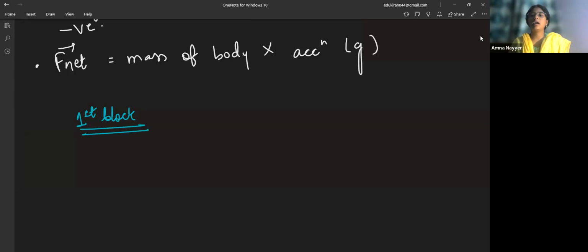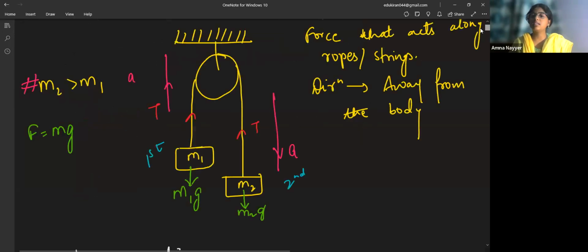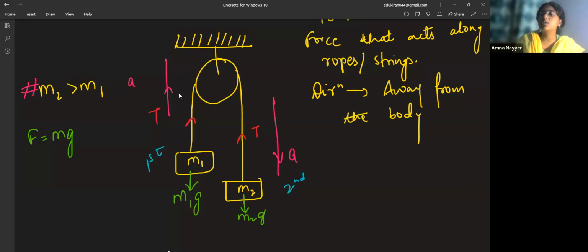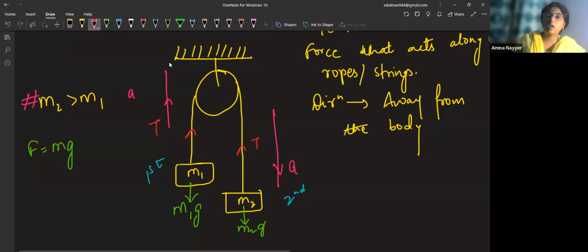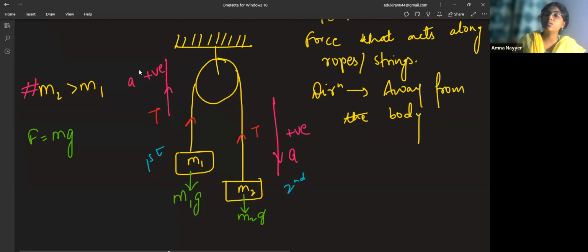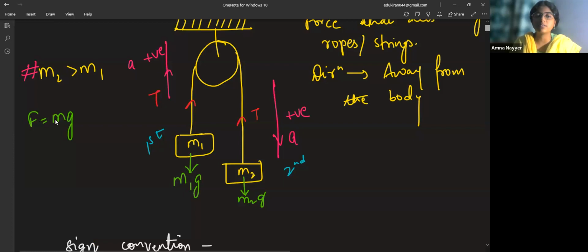First block. Now, net force is mass into acceleration. F is equal to ma. This is one force acting. So the force along the direction of acceleration becomes positive. Acceleration is upwards, and only tension is upwards, so tension will become positive.